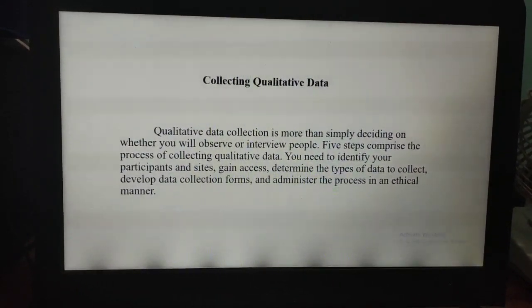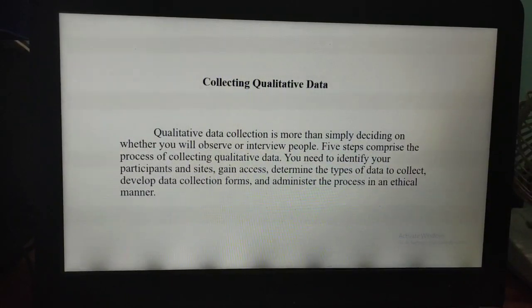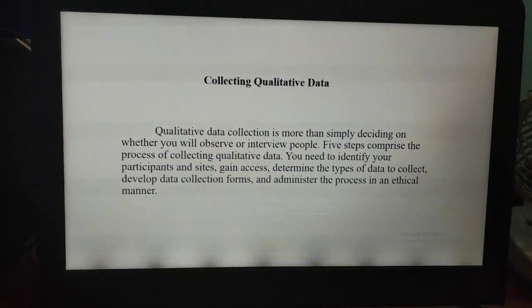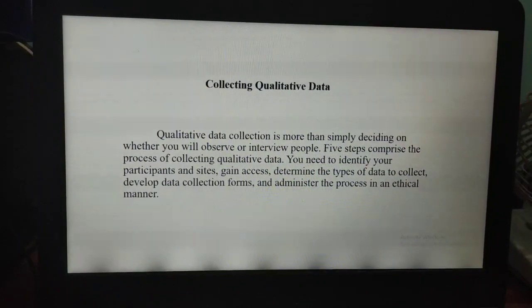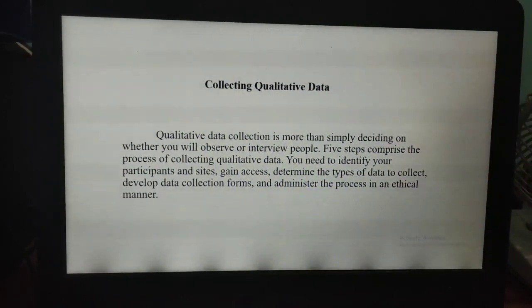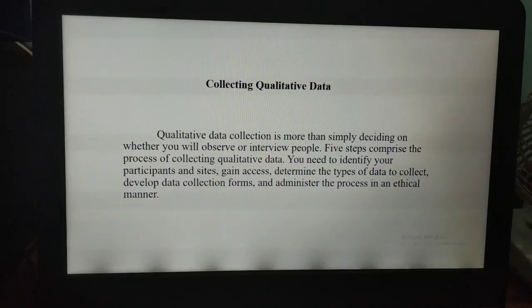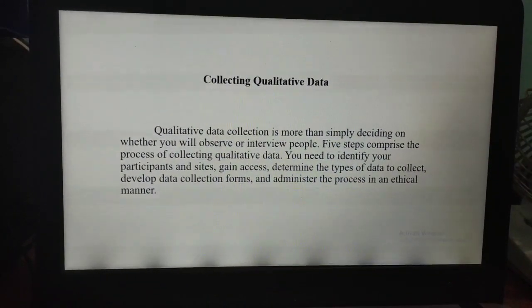Five steps compose the process of collecting qualitative data. You need to identify your participants and sites, gain access, determine the types of data to collect, develop data collection forms, and administer the process in an ethical manner.